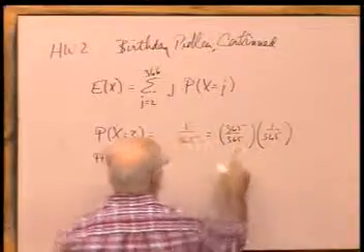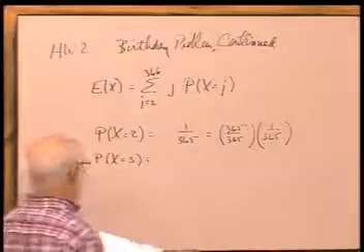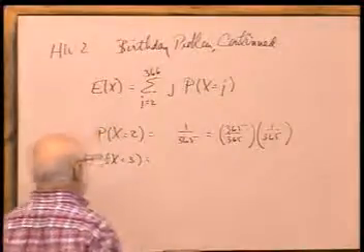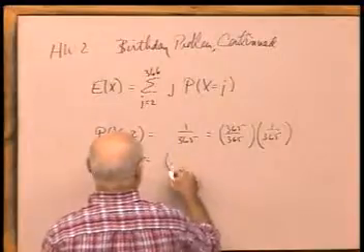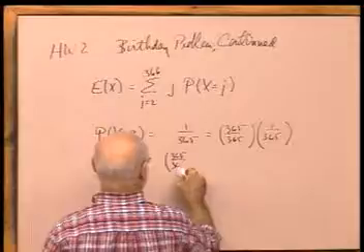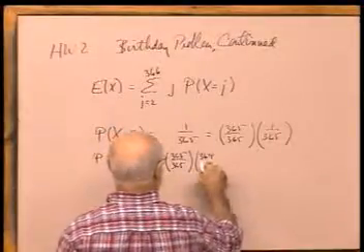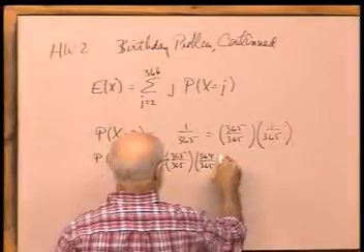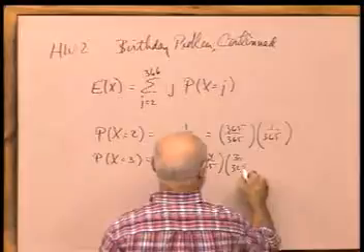Of course, that 365 over 365 is just the value 1, doesn't mean anything. All right, now what's the probability that x equals 3? I'm going to write it this way. First, let me write it, and then I'll explain it. It's 365 over 365, which is 1, times 364 over 365 times 2 over 365.